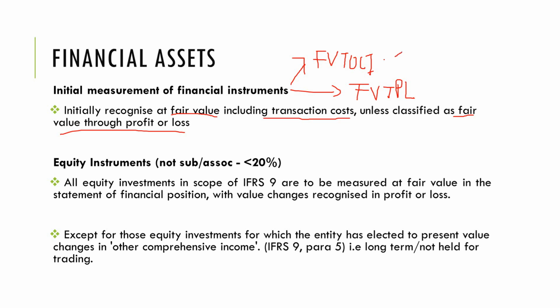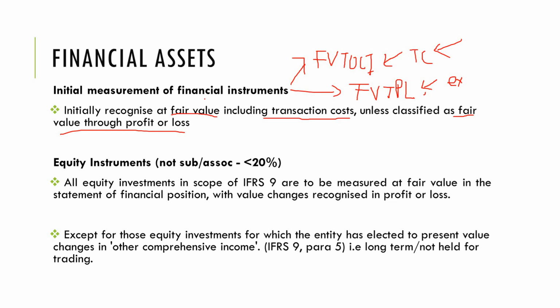Under this method, we are allowed to capitalize the transaction cost, but in this method, transaction cost has to be expensed off immediately into the income statement. We will use FVTOCI when the investment is held not for trading purpose, but when we buy an investment for trading purpose, meaning that we want to benefit from the gain or loss of the investment, then you have to expense off the transaction cost.